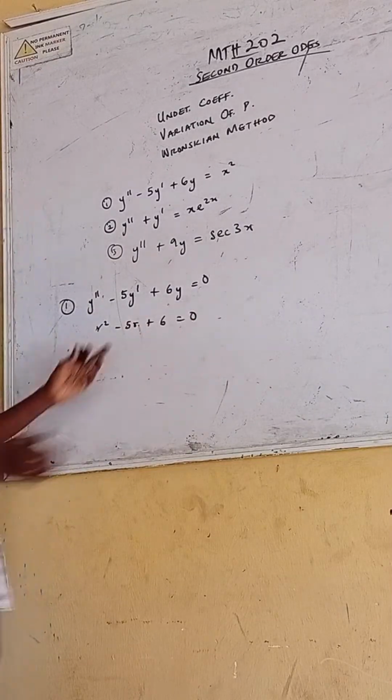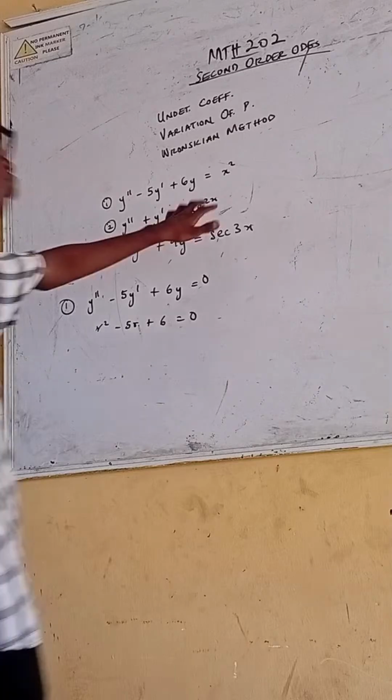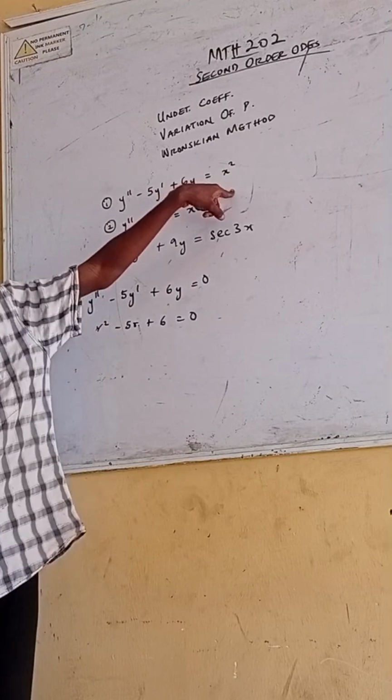Minus 5, minus 2, minus 3. Homogeneous is always equal to 0. If they are not equal to 0, they are non-homogeneous parts. This is what is making them non-homogeneous.